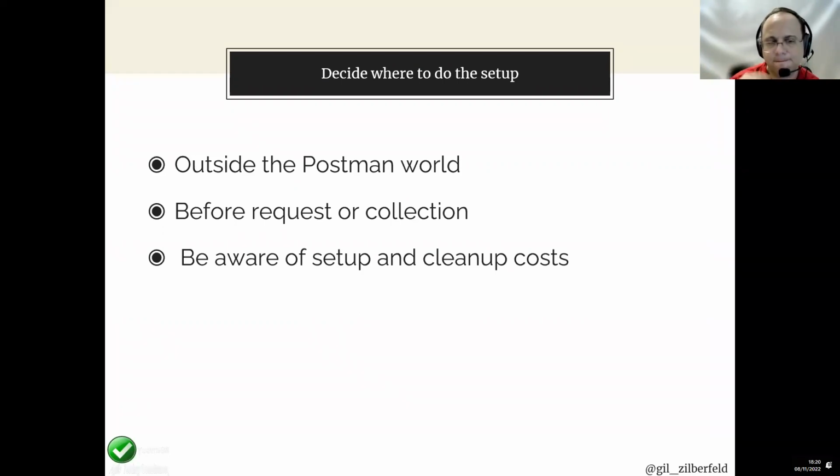We're not going to do that. Next, we're going to decide where we're going to set up things, because we can set up things from inside Postman scripts. I'm going to show you examples of that, but we can also set up outside of Postman. Like we can set up the database from Jenkins before we start running things. Again, parts of the design.